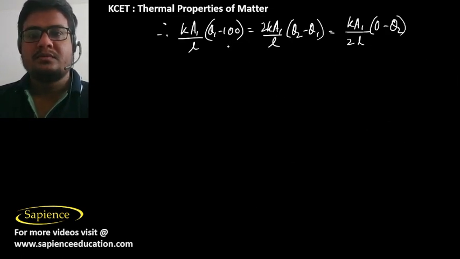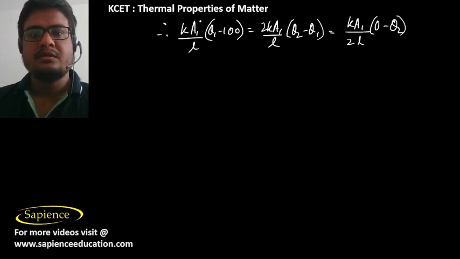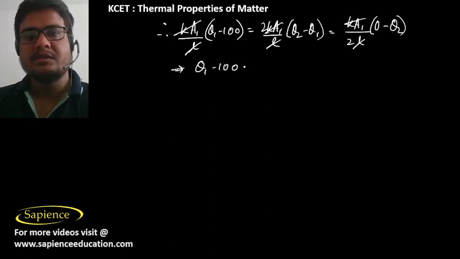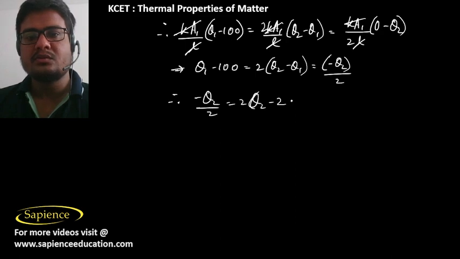So therefore we can cancel this K A1 by L on all sides. Then we will have theta 1 minus 100 equal to 2 into theta 2 minus theta 1, equal to minus theta 2 by 2. So if we solve these two, we get minus theta 2 by 2 equal to 2 theta 2 minus 2 theta 1.